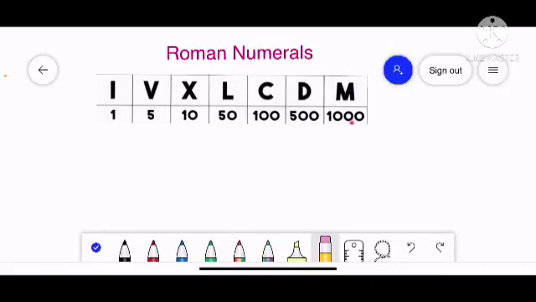Now suppose the lower value is written to the left side, we are going to do the opposite of it, we are going to subtract it. Like if I say X L, you can see that the value of X is smaller than the value of letter L, and it is written on the left side.